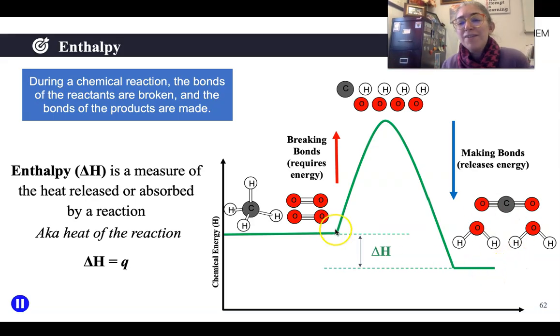So the heat of reaction can be read off of an energy diagram. It's just the difference, again, delta, final minus initial. It's the difference between the energy of the products and the energy of the reactants. Since it went down, this will be a negative value.